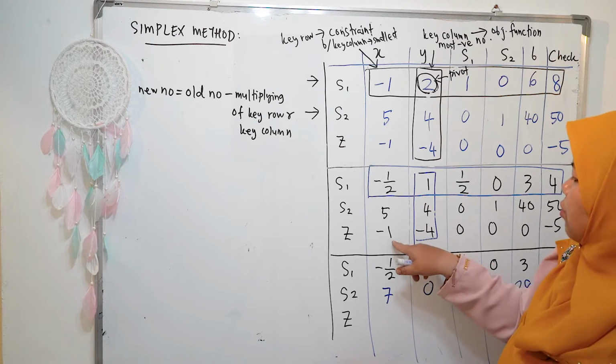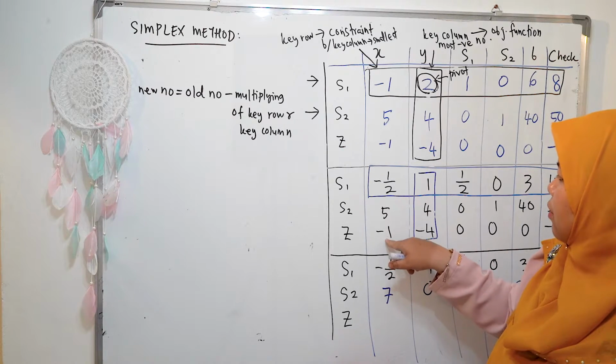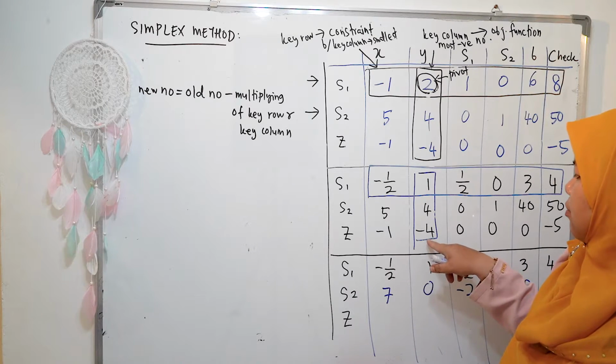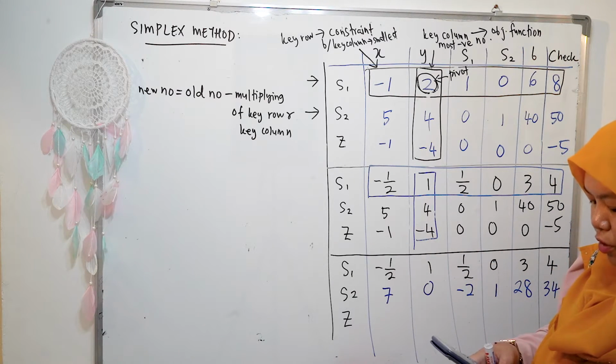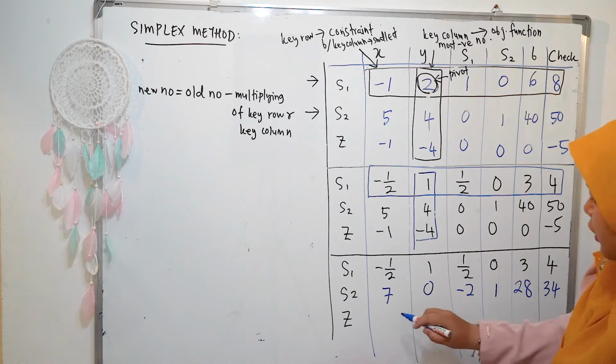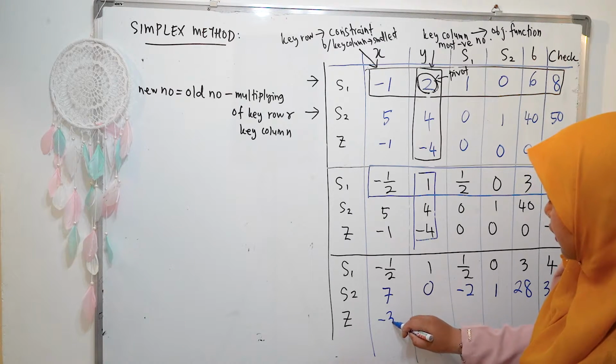Okay, so for the next one, negative 1 minus negative half times negative 4. So for here I got negative 3.